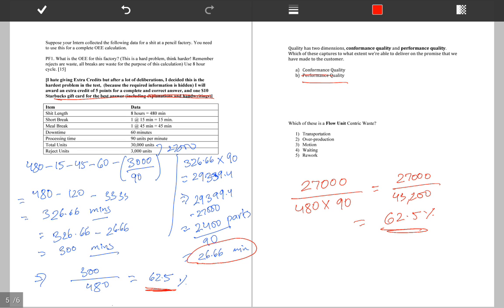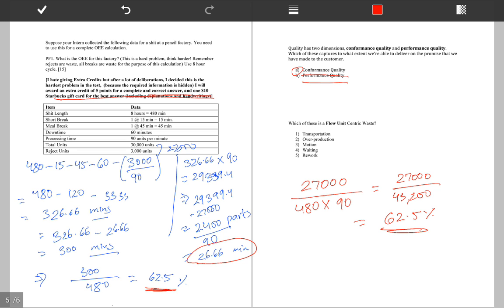Whereas we think Toyota is a good car because they give us what they promise us. Being able to deliver on what a company promises is a kind of conformance quality. That's the conformance dimension of quality.